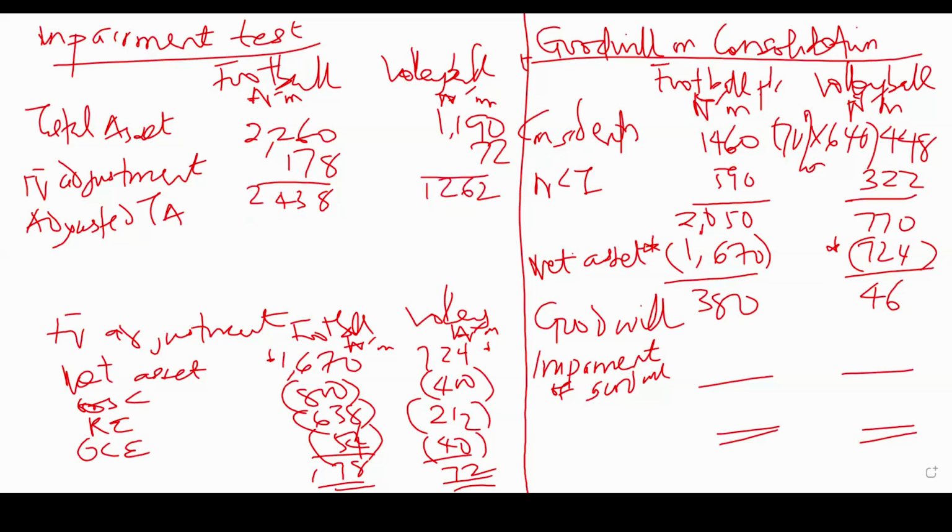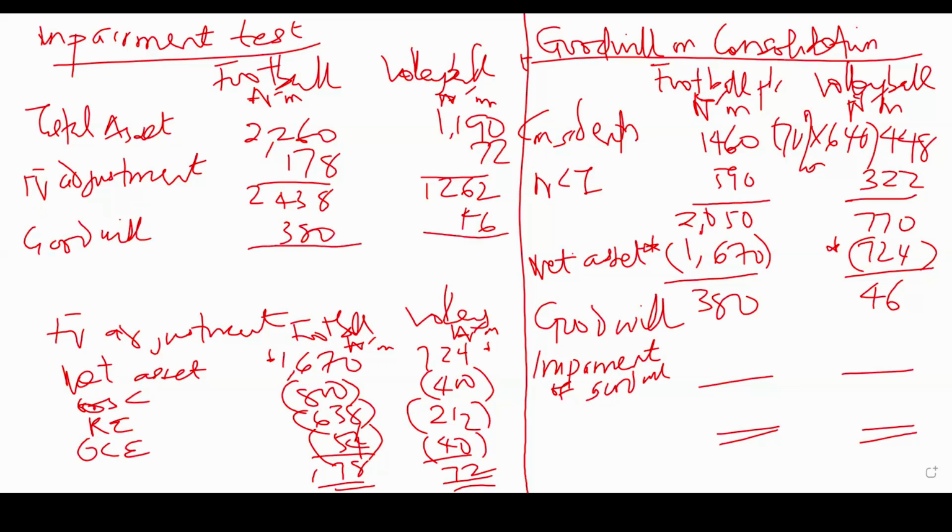Now, this will not be all. We have had goodwill. That goodwill will not have shown on the subsidiary's books, I have told you many times. But we have a goodwill of 380 here, and we have one of 46 here.